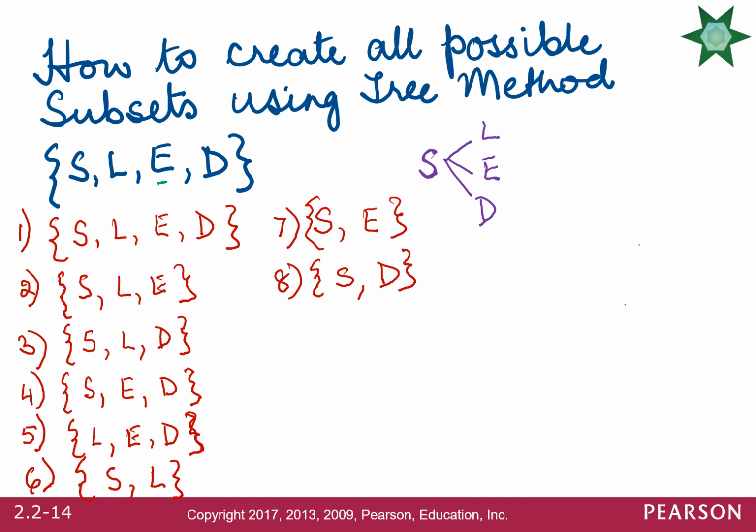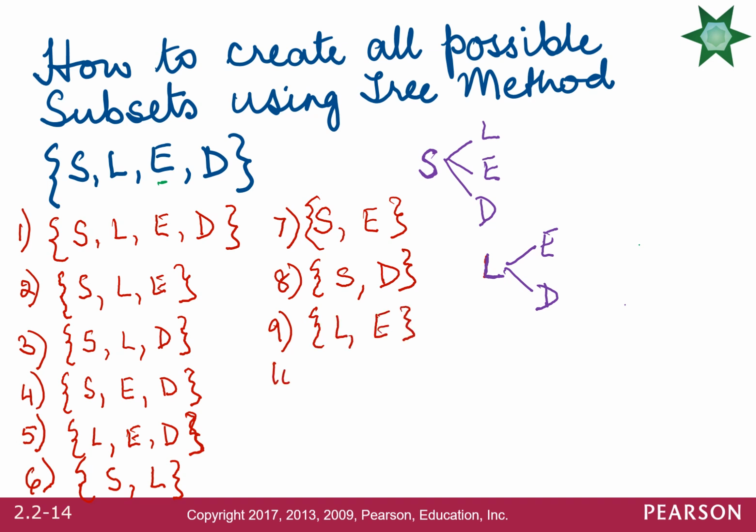All right, but now we have to again start a tree, this time with L. So LE, LD, let's do that. So starting with L, here we go. In the next row, we can get an E or a D. All right, so number 9 will be LE.